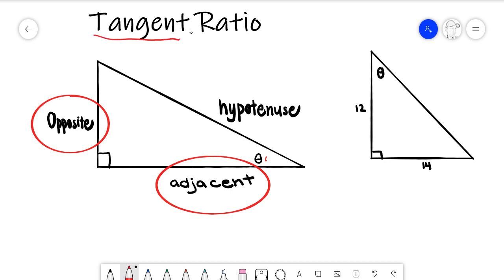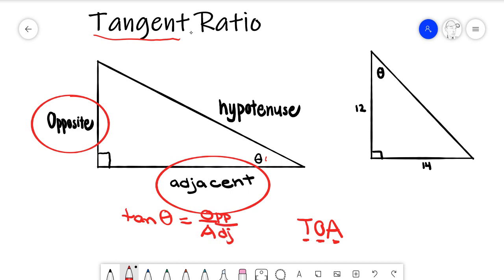So this is our tangent ratio. If we remember SOH-CAH-TOA, TOA is for tangent. And what does that mean, TOA? So you have tangent, opposite, adjacent, which means that it goes tan of your angle of interest, theta, equals O over A. O is opposite, A is adjacent.